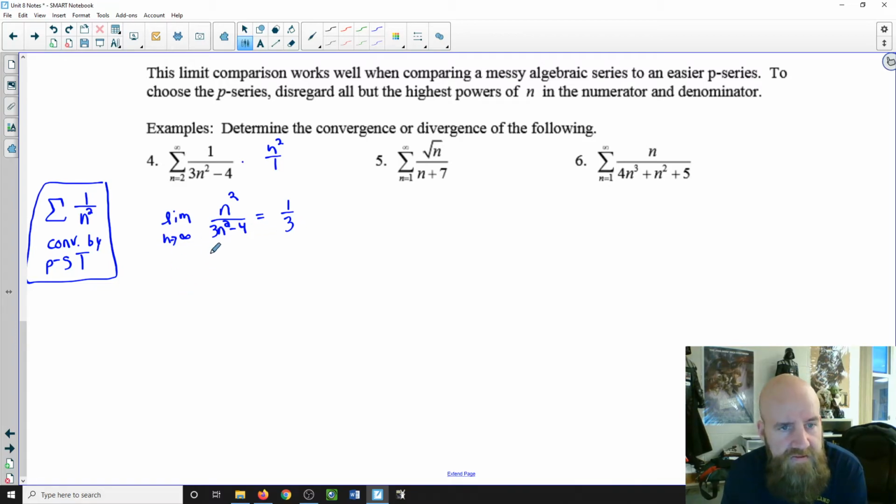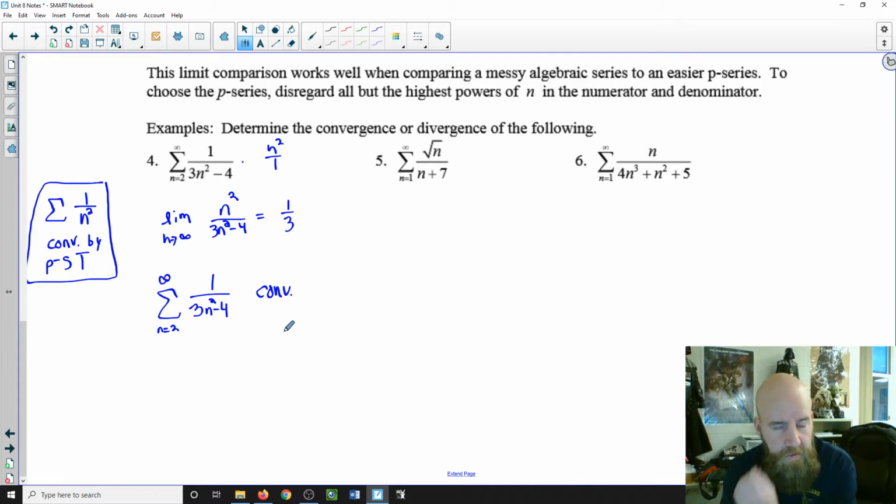Okay, so I'm going to write this series again. Just kind of ran out of room. If you want to make a mark and draw an arrow or whatever you want to do, we can say that this converges by limit comparison.